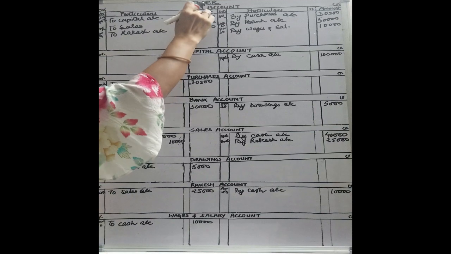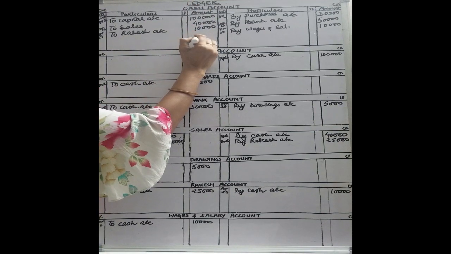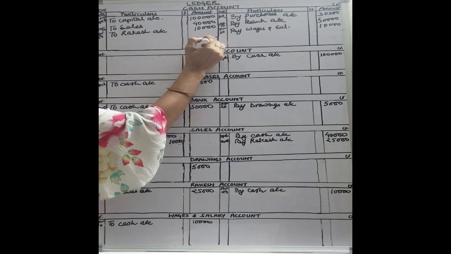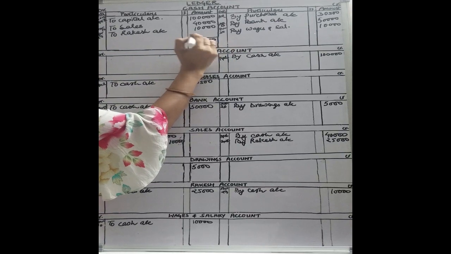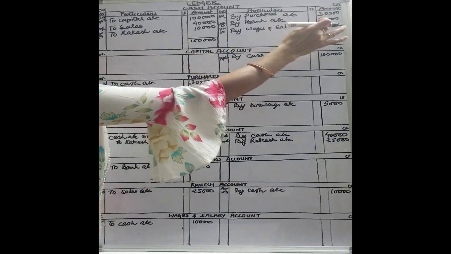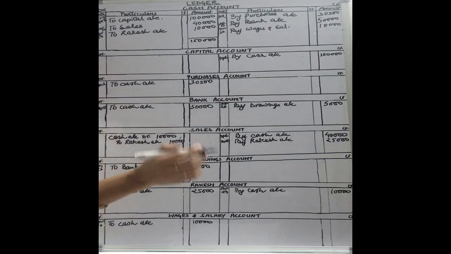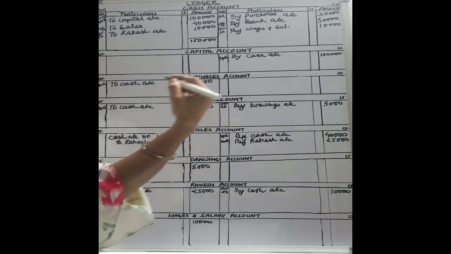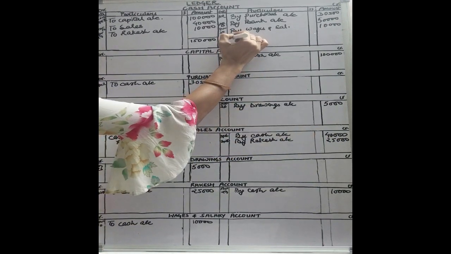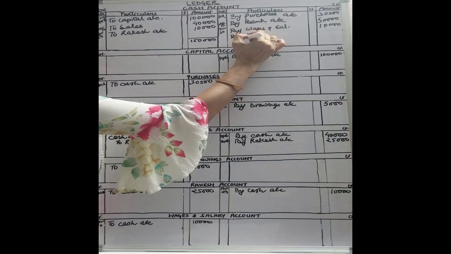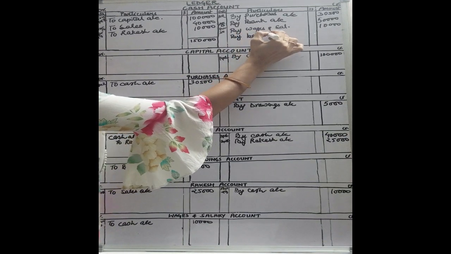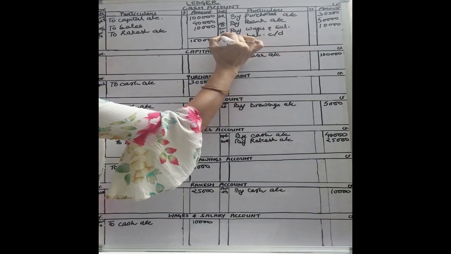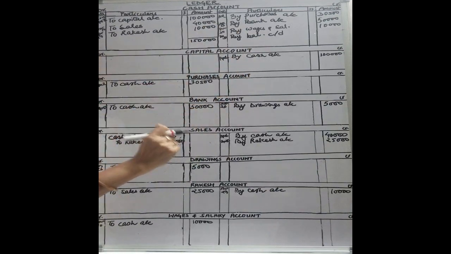Like in this case, the debit side is 1,50,000, and the credit side is falling short of the amount. So it means that we have to add the balancing figure on the credit side. So we'll add it like "by balance carried down" on April 30th, the last day of the month.